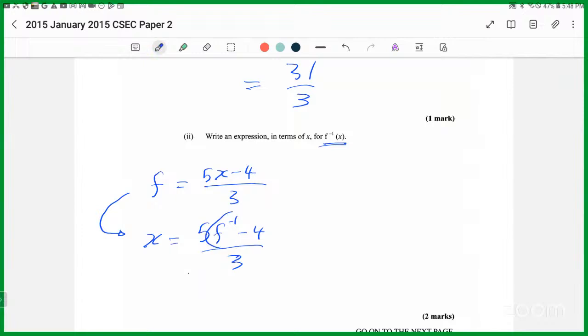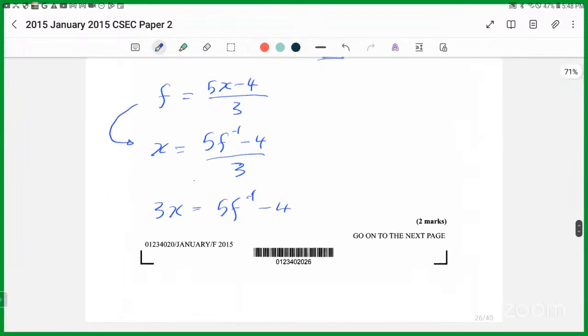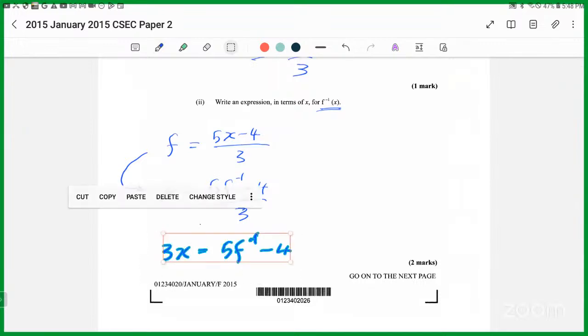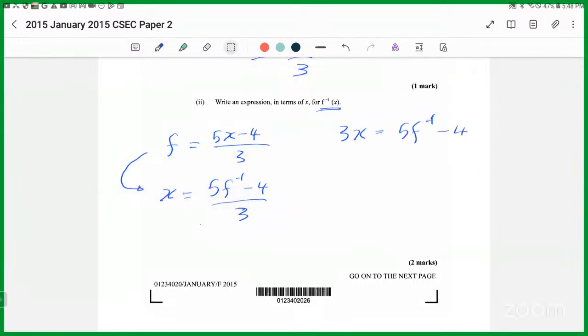And then we're going to make this the subject. Take this 3 and multiply it across here first. I'm going to get 3x equals 5f to the minus 1 minus 4. We'll multiply across the 3.